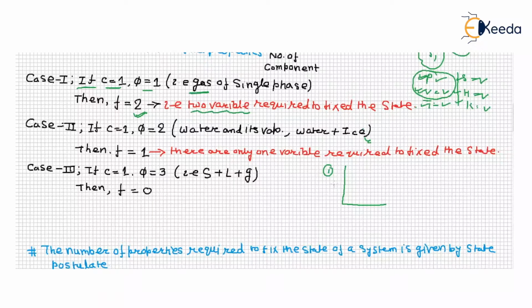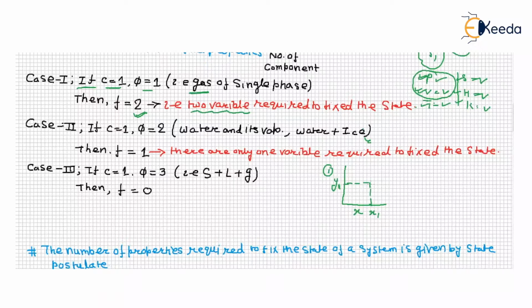For a gas of a single phase, what is the minimum number of properties? The minimum is 2. That means what is x1 and what is y1? If we draw a common point 1, that means what is the condition of 1, x1 and y1?